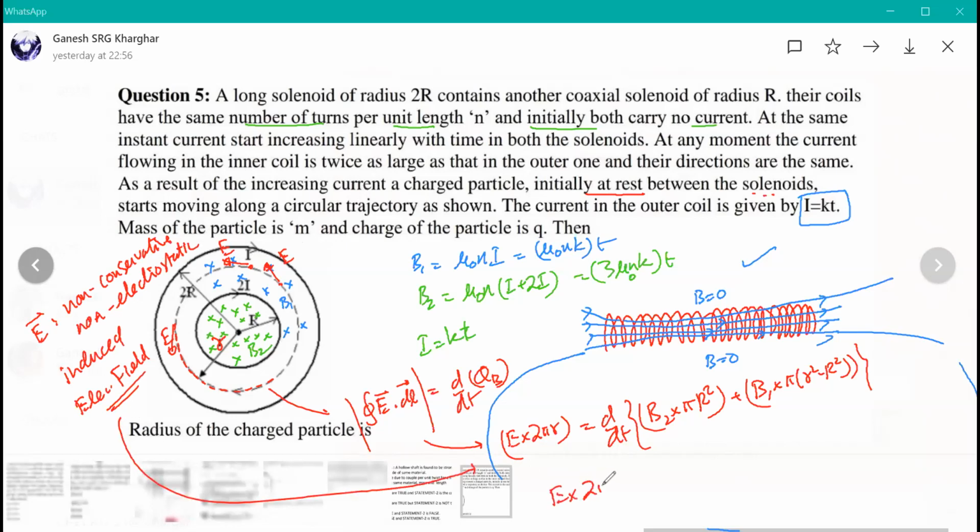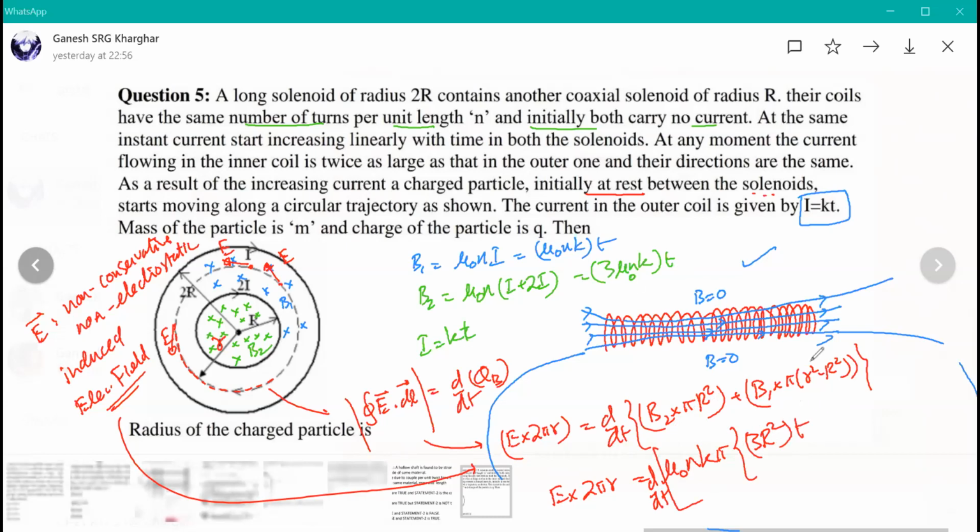So this E into 2 pi r should be equal to, now we can take a lot of things common. We can take mu naught n k pi common. And from this B2 term, we will have 3 r square. That thing will cancel, or we can just write like this also. d by dt of this whole thing, so then we'll keep the t.